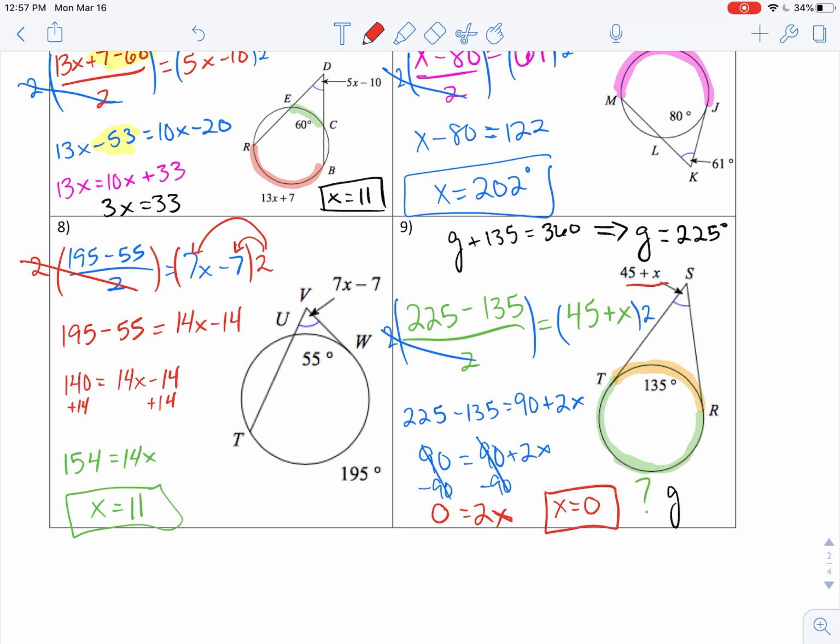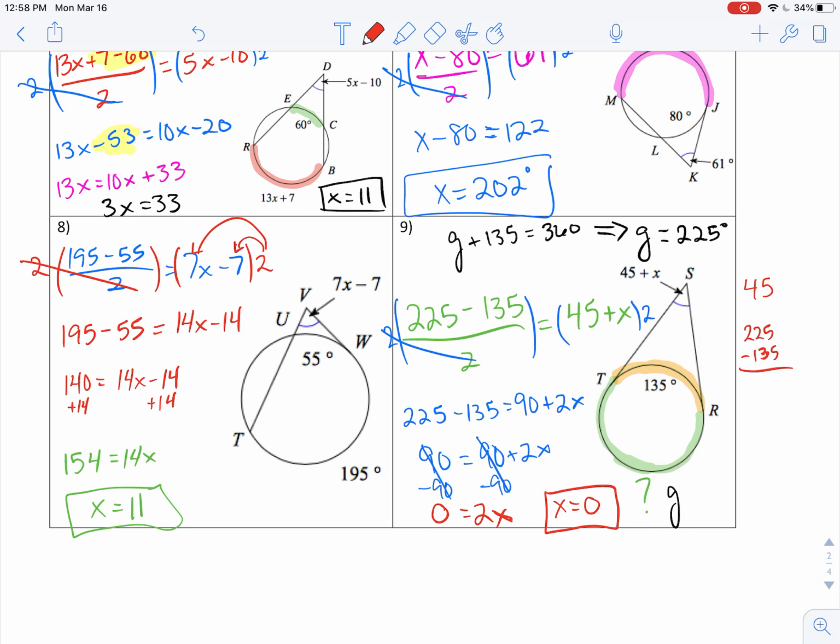If x is 0, then what is this? This right here would have to be 45 plus 0, which is just 45. So 45, is that equal to 225 minus 135 divided by 2?